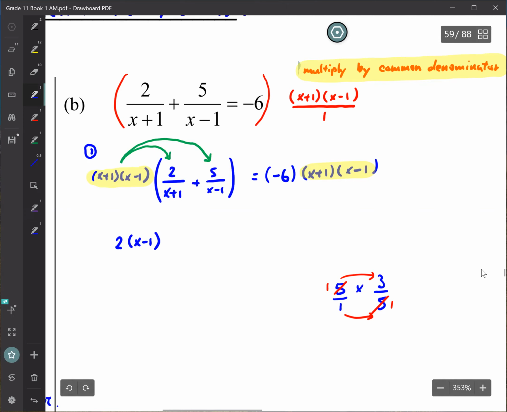Let me cross out the first one. So first one is gone. When you multiply the outside with the second fraction, what will cancel out? The x minus 1. Yes. So what's left then? 5. 5 times who? X minus, or yeah, or times what?